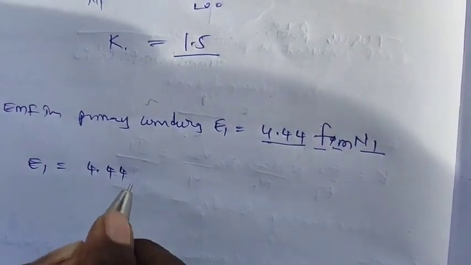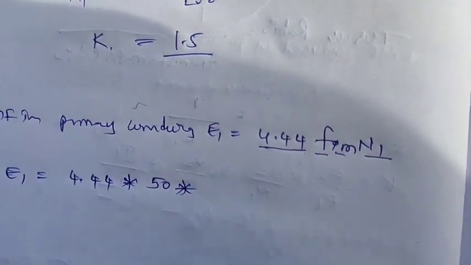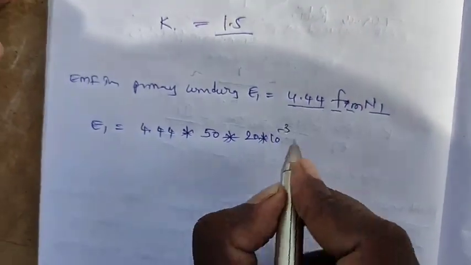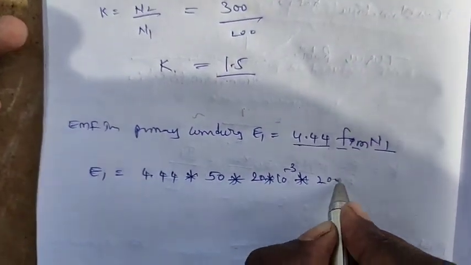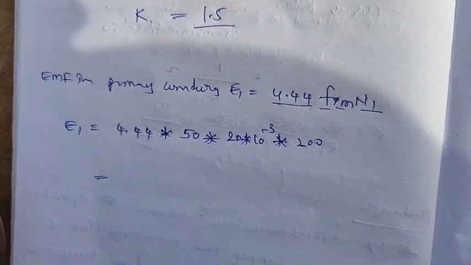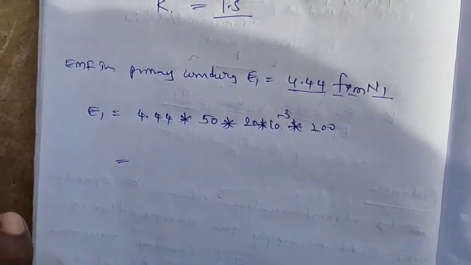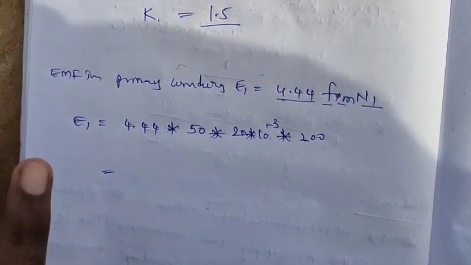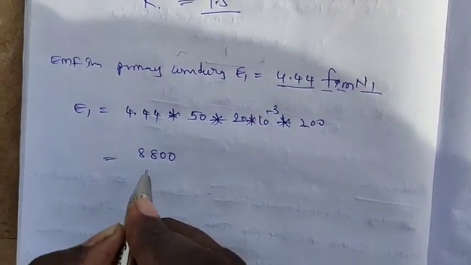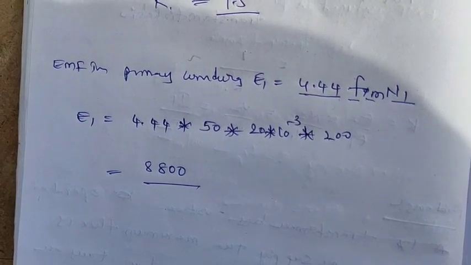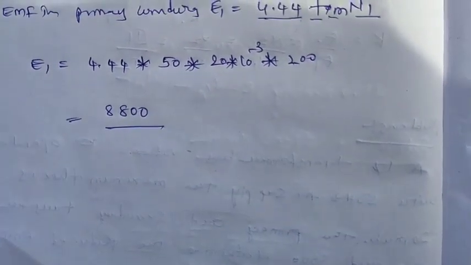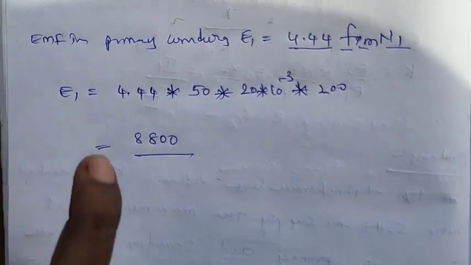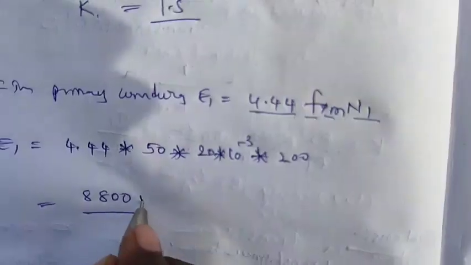E1 is equal to 4.44 into f 50, into φm 20 milliwebers, 20 into 10 power minus 3, into number of turns 200. So that gives the value of E1.